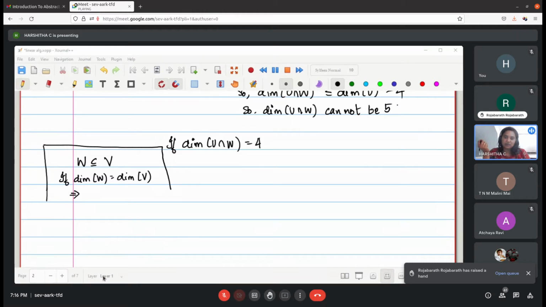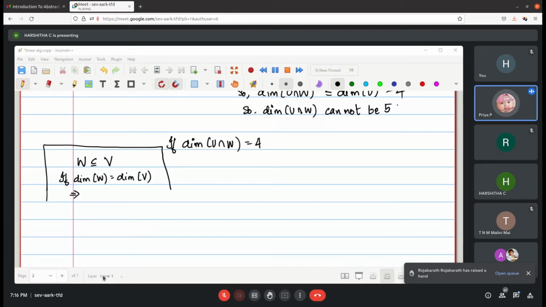Can you conclude something? Infinite solution of what? Both will have the same number of elements. You can say same number of, okay. Any other answer?